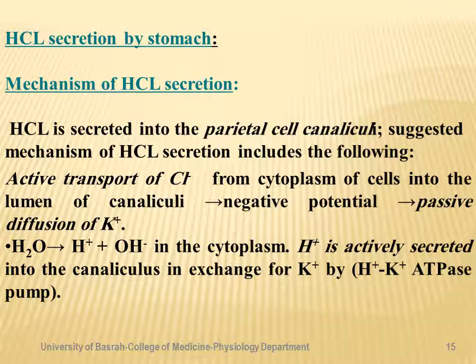What is the mechanism? The suggested mechanism of hydrochloric acid secretion includes the following. The first basic step is active transport of chloride from the cytoplasm of the parietal cell into the lumen of the parietal cell canaliculi. The chloride goes down into the lumen of the parietal cell canaliculi, in exchange with the passive diffusion of potassium from the lumen of the canaliculi into the cytoplasm of the parietal cell.